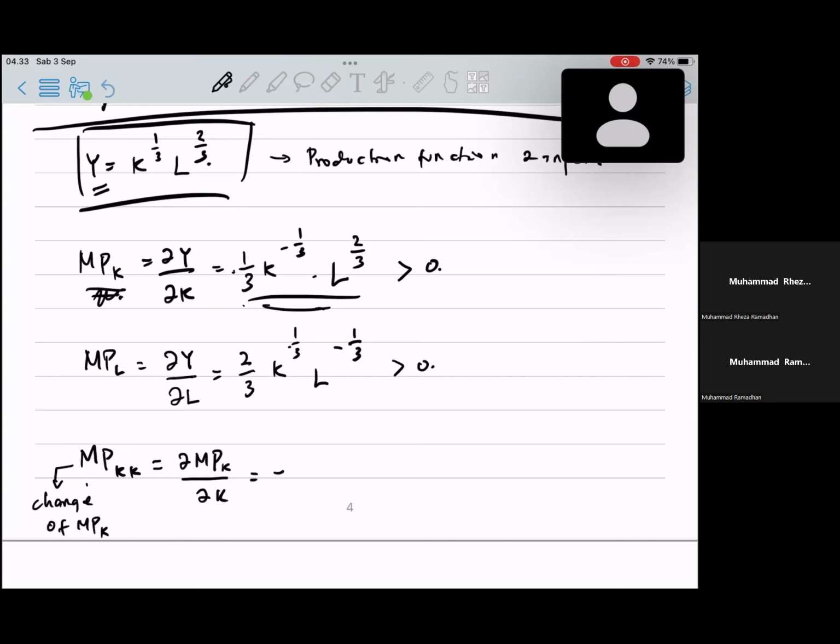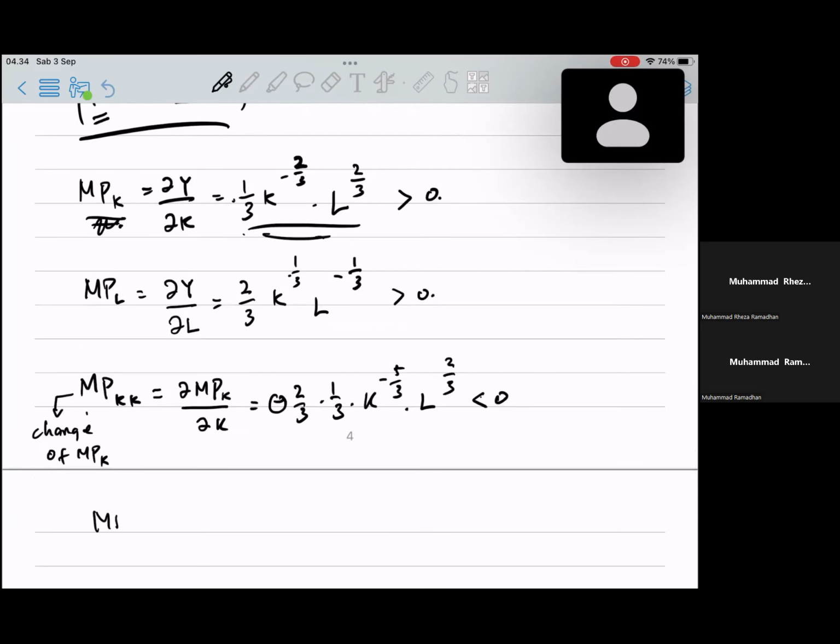The result is, I mean, it's K to the power of minus 2 over 3, because 1 over 3 minus 3 over 3 is minus 2 over 3. So minus 2 over 3 multiplied by 1 over 3, K to the power of minus 5 over 3, L to the power of 2 over 3, which is less than 0 because there is minus.